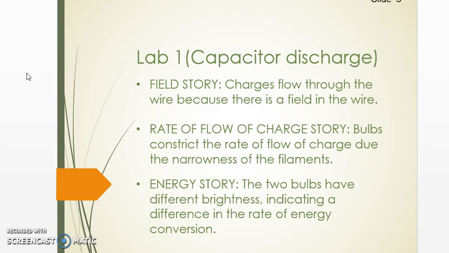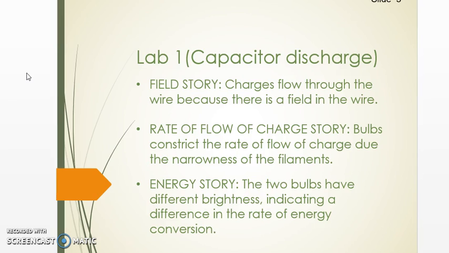Okay, so reflecting on Lab 1, what I thought was that there seems to be a heck of a lot going on here. And it's all going on at the same time, and that's very, very challenging. So I've tried to separate out the different threads, and I felt, well, first of all, there is the story of the fields.